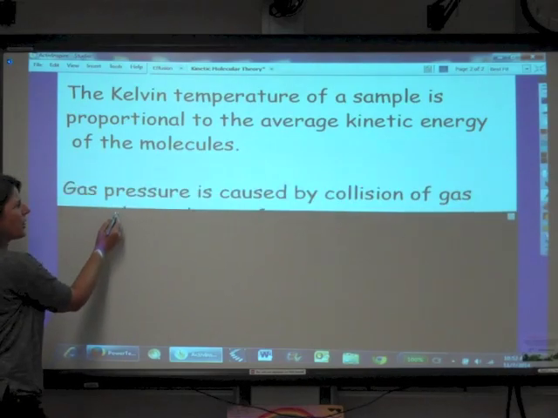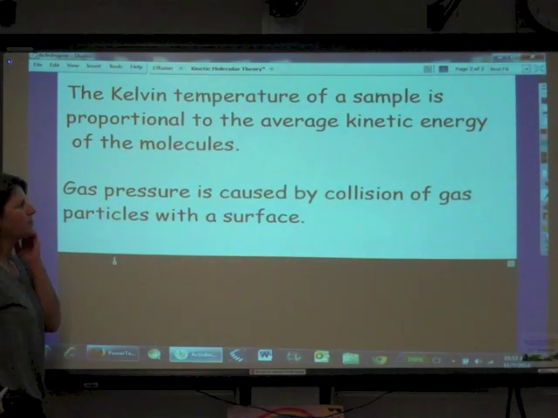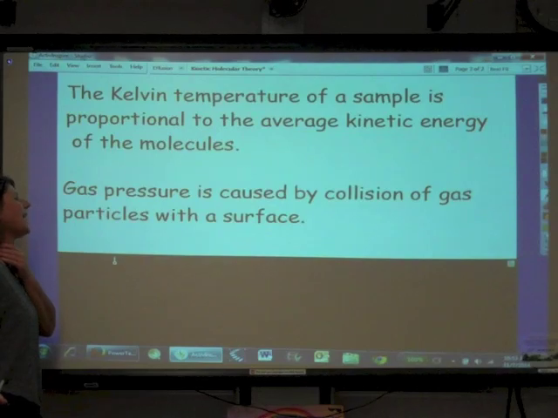So where is pressure really coming from? Well, gas pressure is caused by the collision of gas particles with a surface. And we'll talk about this more in class, but when we're talking about gas pressure, that's what we're talking about.